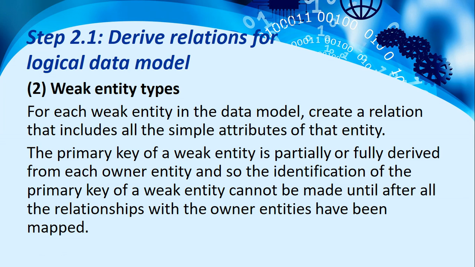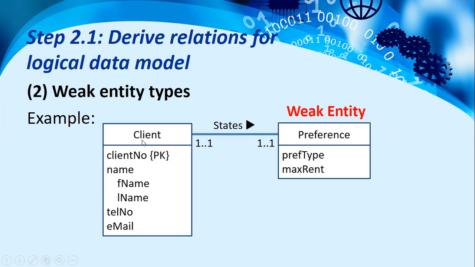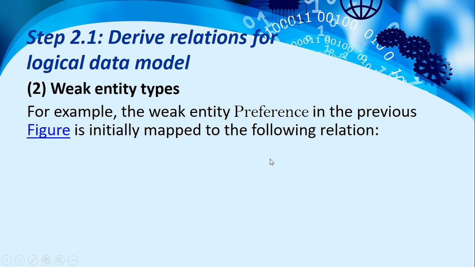In this example, we have client and preference. Preference is the weak entity because it has no primary key, and client is its owner entity.